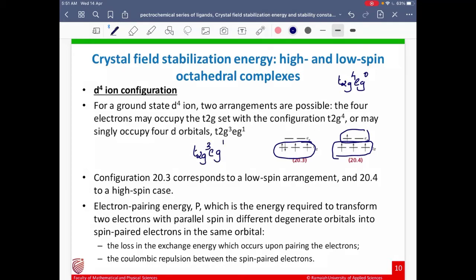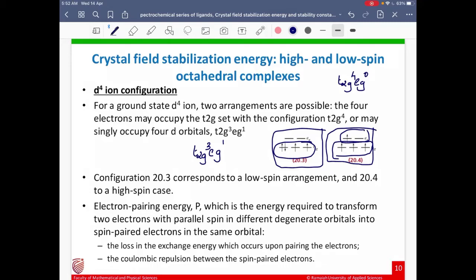The first configuration corresponds to a low spin arrangement, as in figure 20.3, or the configuration can be high spin, as in figure 20.4.